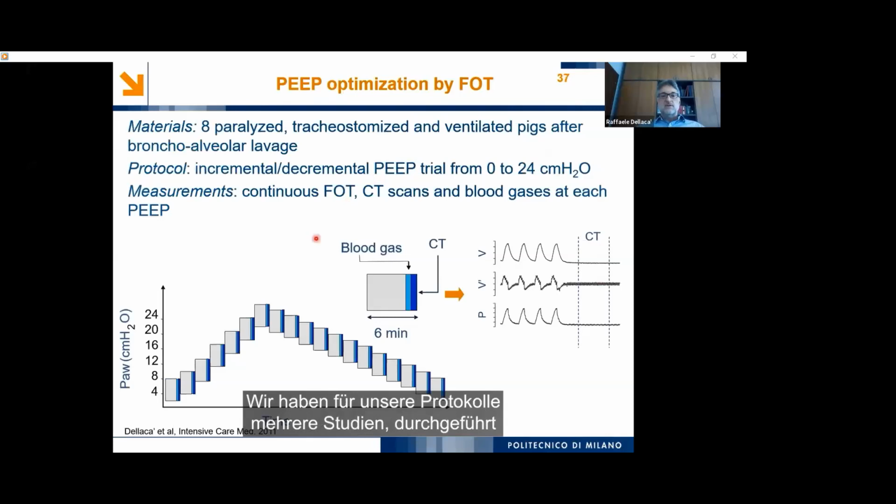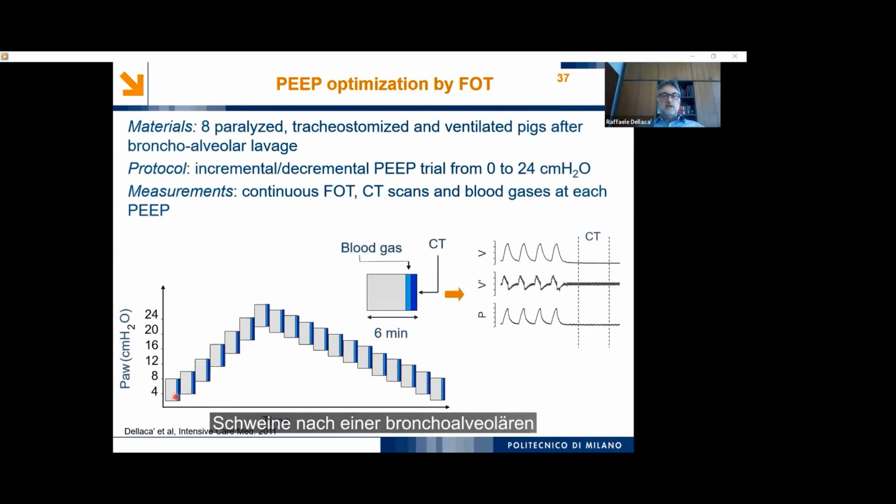The protocol, we ran actually several studies. This is just one of the most representative, in which we studied pigs after bronchoalveolar lavage to simulate the neonatal RDS surfactant deficiency condition.